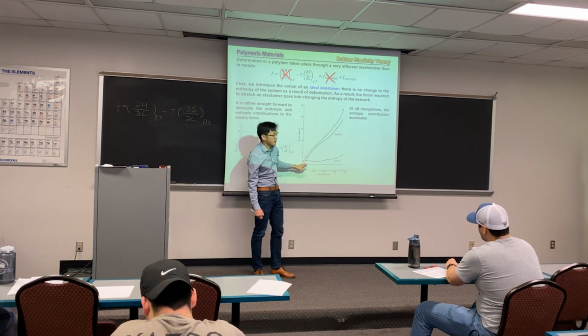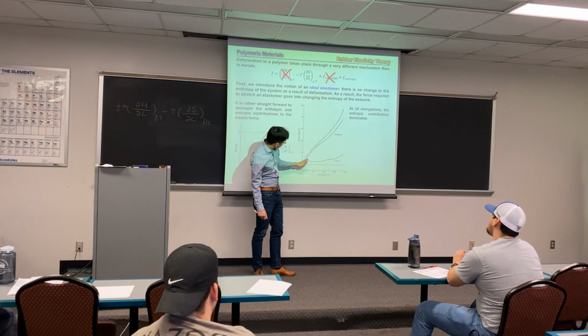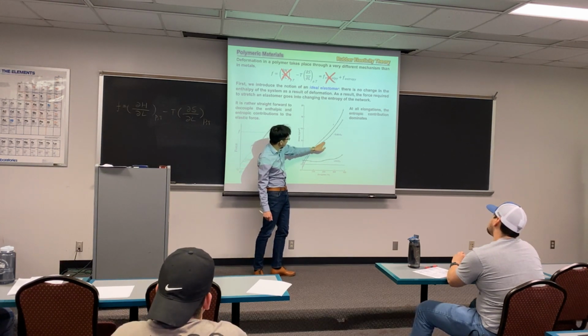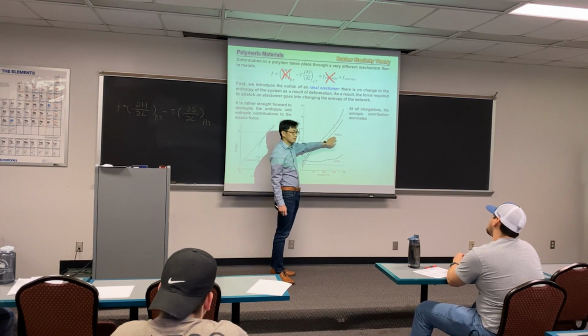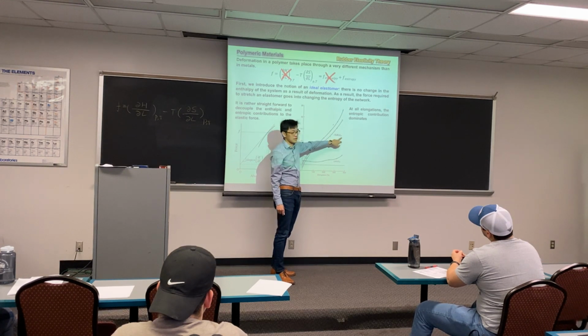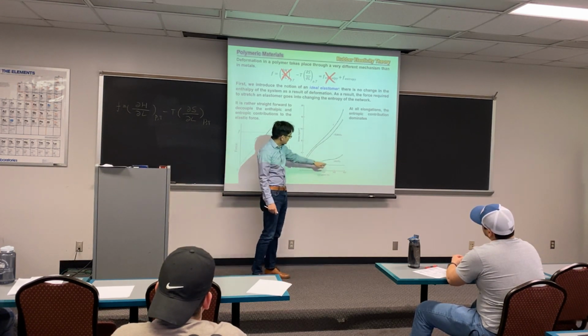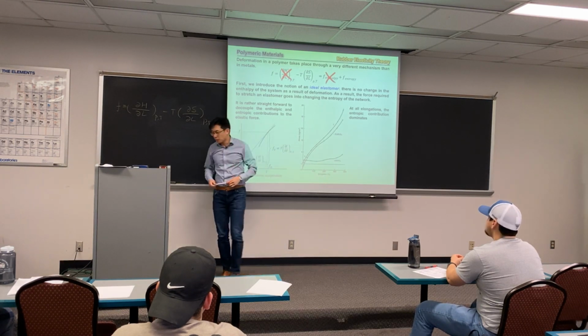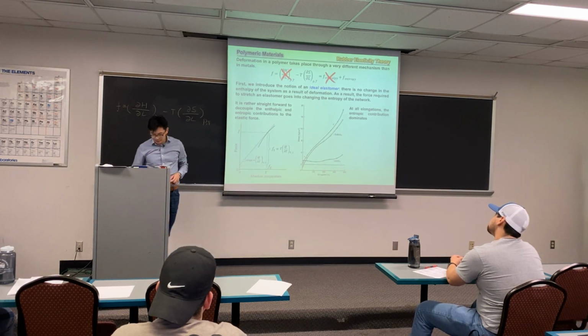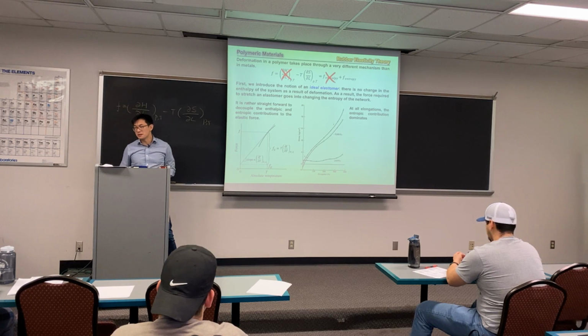We will come to this in a second. This line with the circles is plotted as the entropy contribution, which is exactly the second term we just wrote here. The point of this curve is that we need to consider the energy contribution, but it's little.